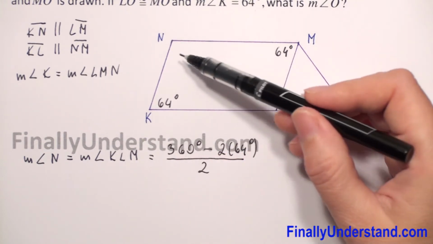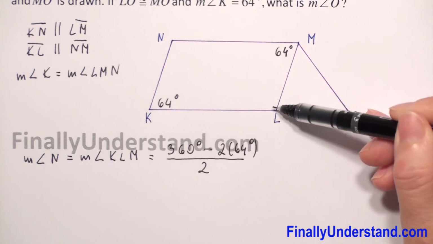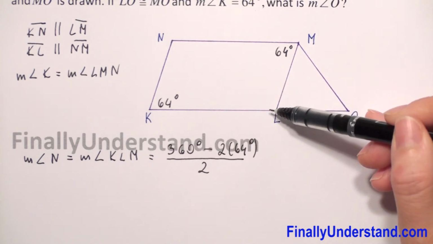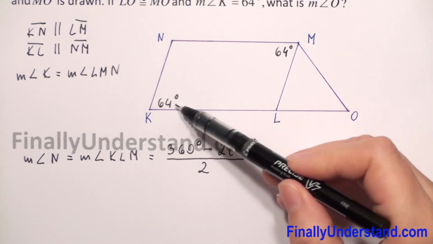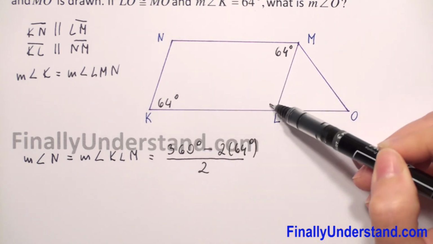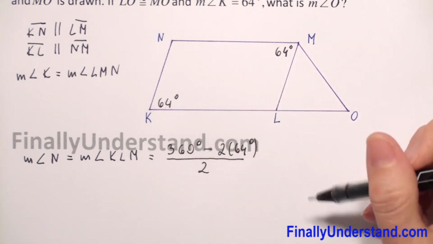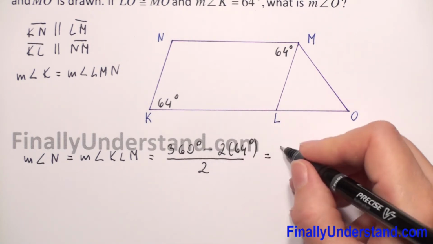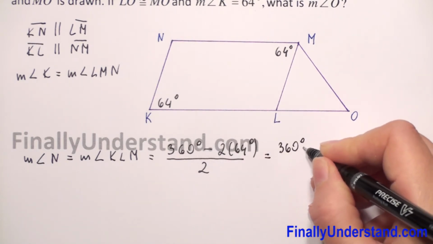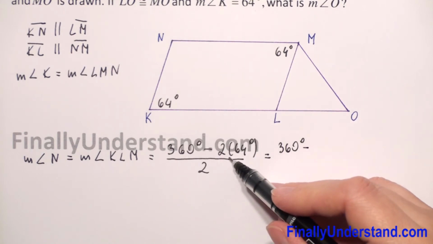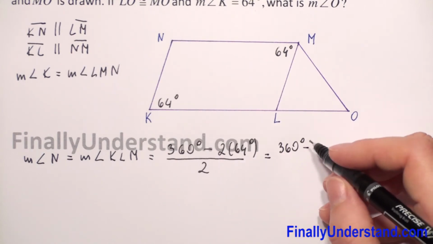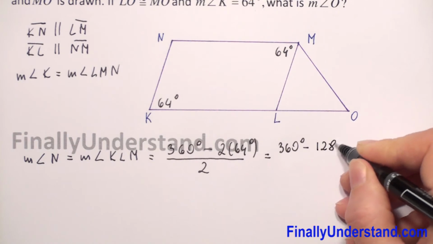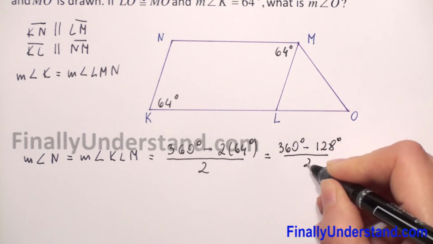The measure of angle N and angle KLM will be 360 degrees minus 64 times 2, which is 128 degrees, over 2.